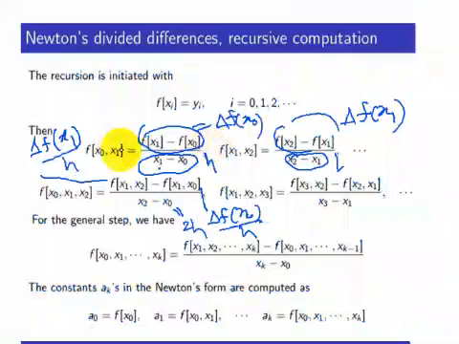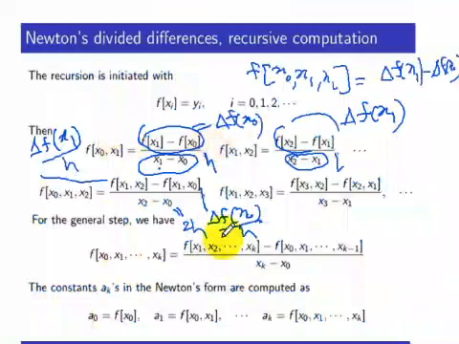If you have these three points, f of x0, x1, x2 would be delta of f of x1 minus delta of f of x0 divided by 2h squared, right?